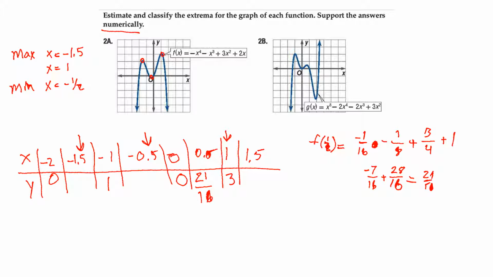So here I'm going to end up with about a 2. This one's going to be about a 0. Well, about a -1/2. And this one at 1.5 is going to be about 1.